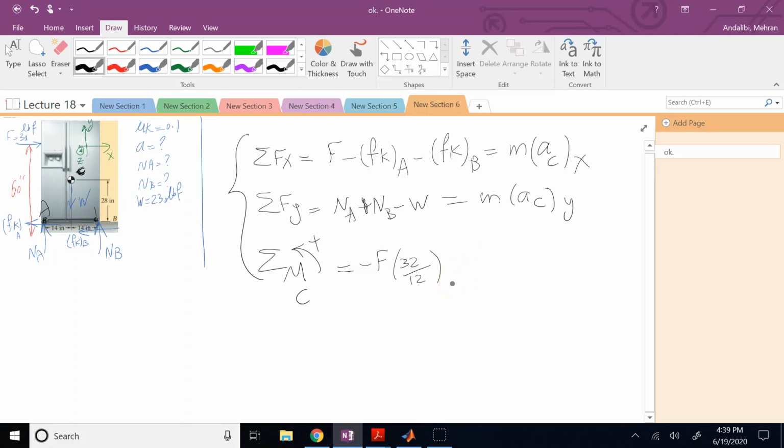Then NA is also clockwise. The frictions are both also clockwise, so there's going to be minus NA, and the distance is 14 inches. NB is positive. That is also 14 inches. The frictions are both 28 inches, and they are both negative.